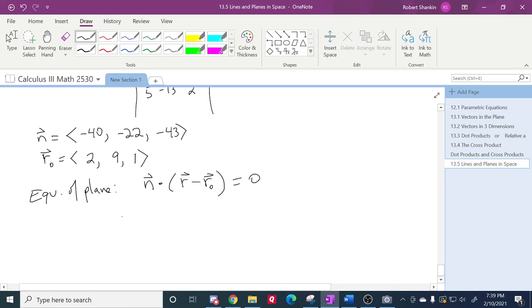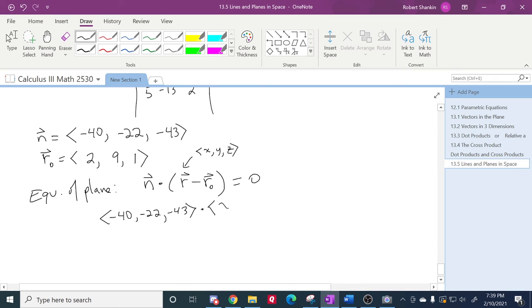So it's going to be r, remember, was any point in the plane, but we're writing it as a vector.